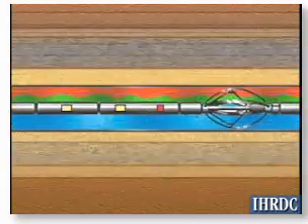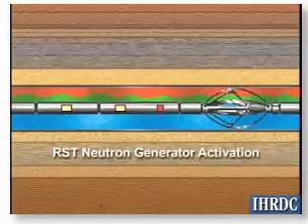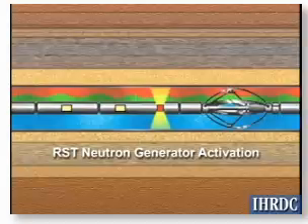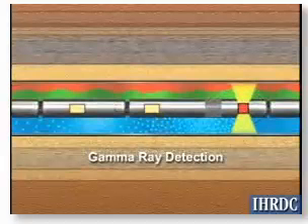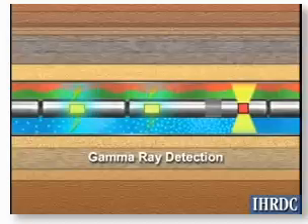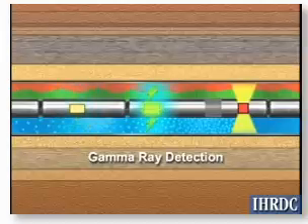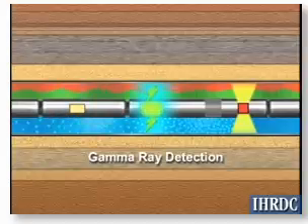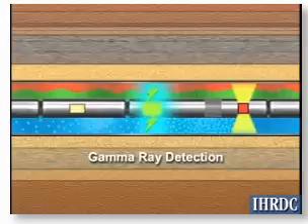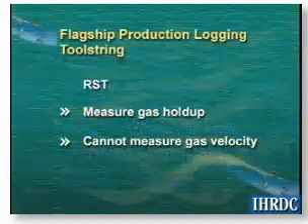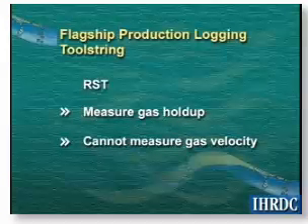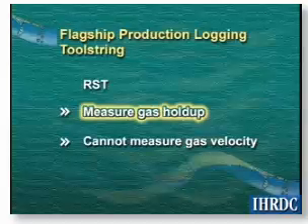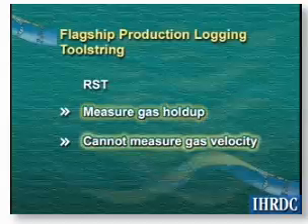To measure gas holdup, the RST emits a neutron pulse and then analyzes the gamma ray spectrum measured by the near and far gamma ray detectors. The relative amounts of carbon and oxygen in the flowing fluid are analyzed using inelastic gamma ray spectroscopy. The near to far count ratio is particularly sensitive to gas, thus allowing gas holdup to be estimated. Though the flagship is capable of determining gas holdup, it cannot measure gas velocity.